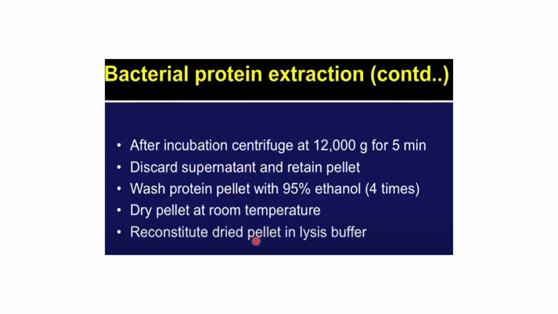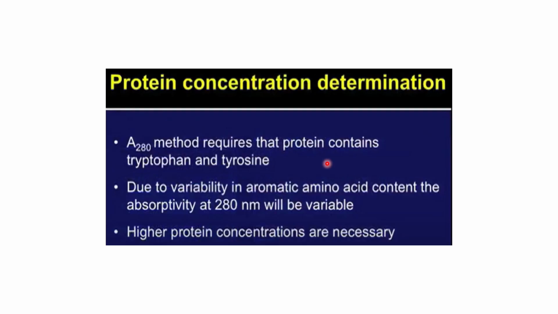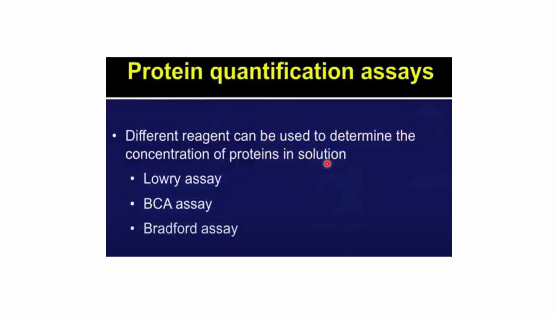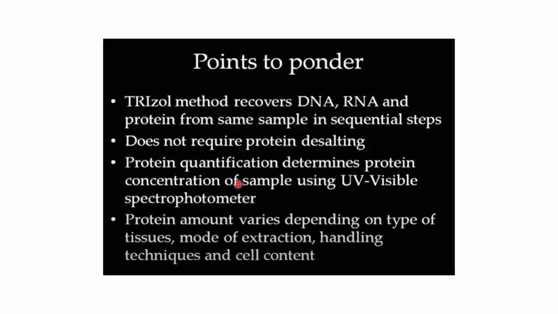So that's how the method is in terms of protein extraction. You can quantify that using a UV spectrophotometer, or by the Bradford method, or using the BCA method or Lowry assay, whatever method you want to do the analysis. And that's how we can analyze or quantify the protein after the whole extraction.